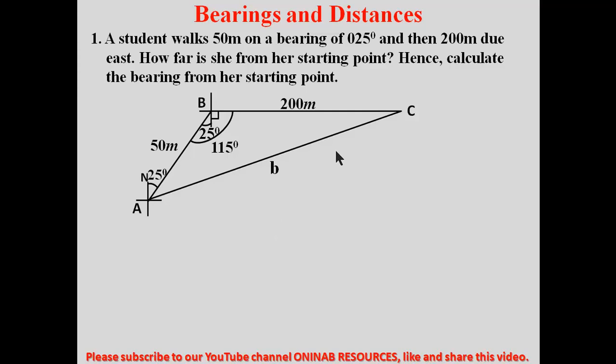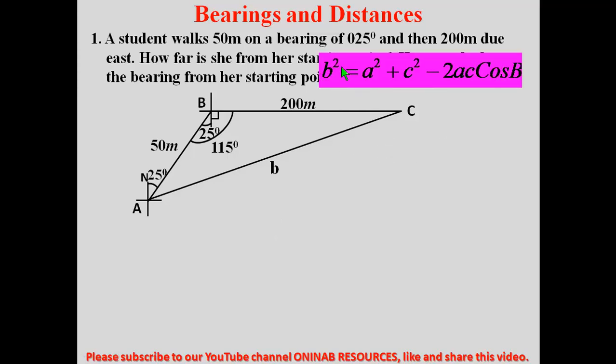So we are going to use the cosine rule. The cosine rule we are going to use here is b squared equals a squared plus c squared minus 2ac cos B. So we have b squared.